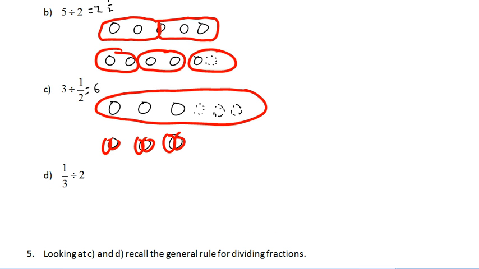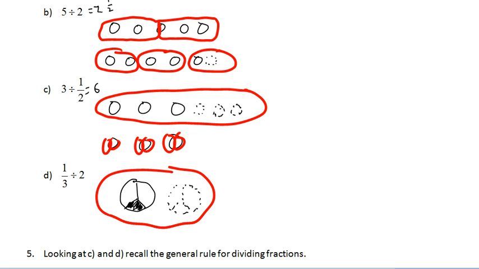And now let's have a look at a third divided by 2. So there's our third. And we need to divide this into groups of 2. Well, there's our whole group of 2. And how much of that group do we have?